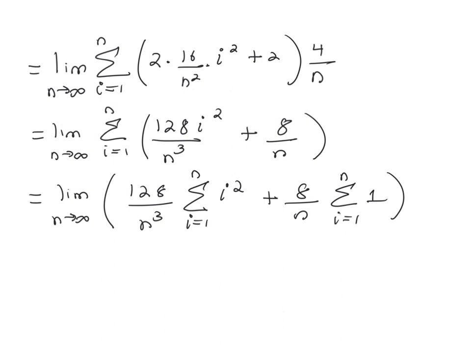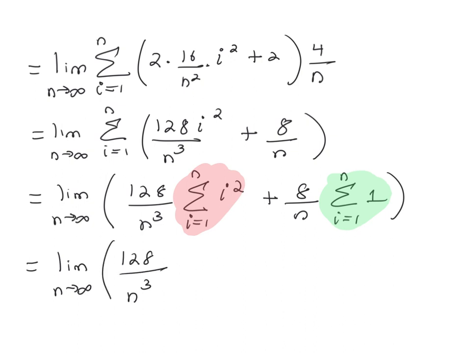The reason for doing this is on the previous slide, there's a formula for this. There's also a formula for this. I'm simply going to replace them. So this becomes the limit as n goes to infinity of 128 over n cubed, and if you sum I squared from 1 to n, that's equal to n times n plus 1 times 2n plus 1 all over 6.